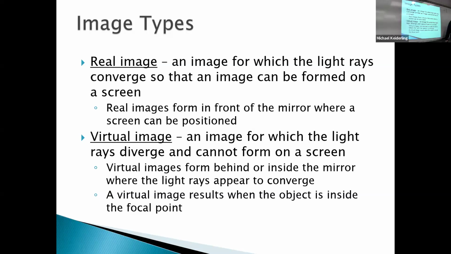That's a virtual image. So virtual images form behind or inside the mirror where the light rays appear to converge, and a virtual image results when the object is inside the focal point. Or if you have a convex mirror, the image is always virtual.